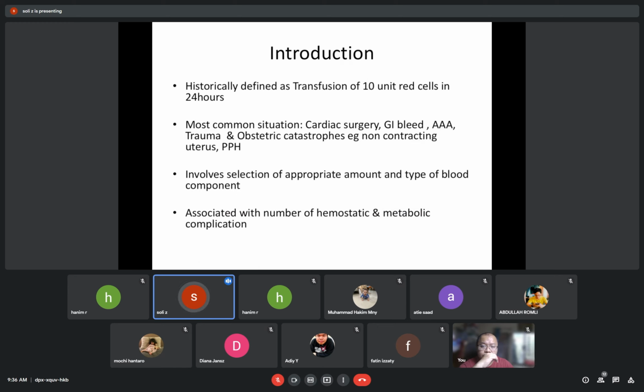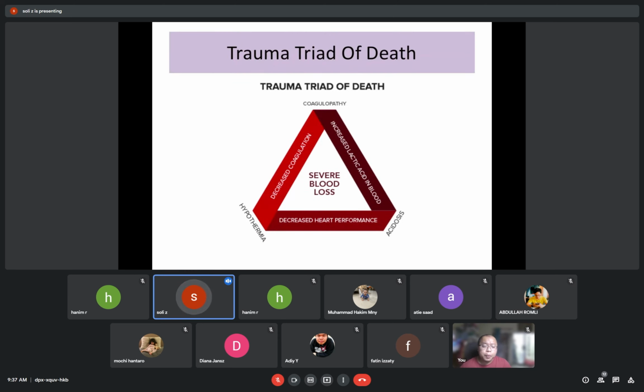Alright. It involves selection of the appropriate amount and type of blood component. But massive transfusion can be associated with a number of hemostatic and metabolic complications. At the end of the day, the goal is to save life. In massive bleeding, once you have a massive loss of blood, it can be associated with the trauma triad of death.